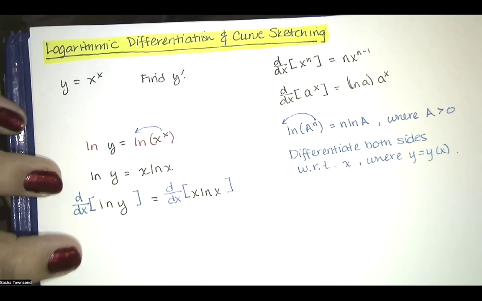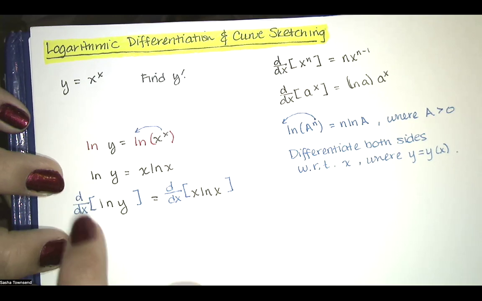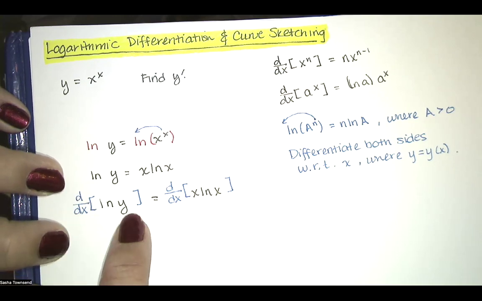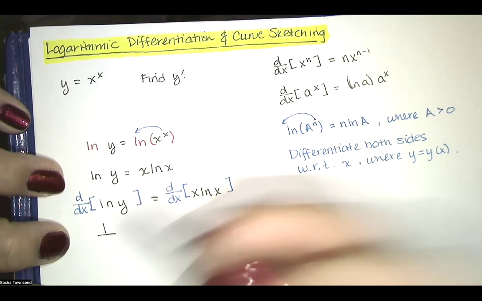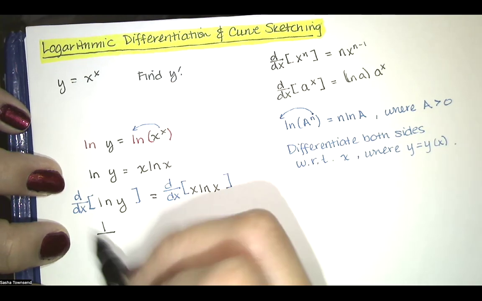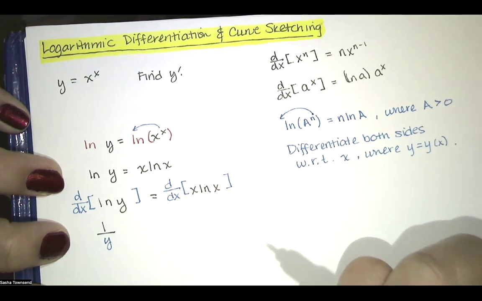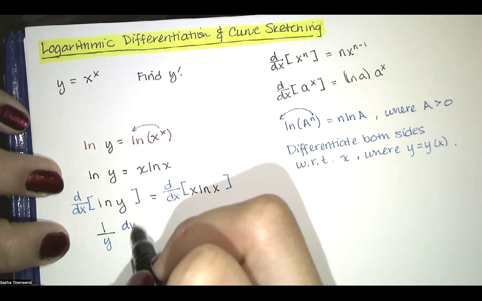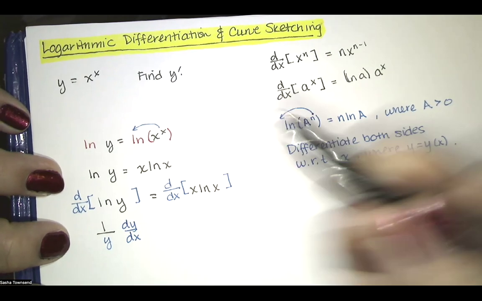And that's relatively easy to do. You have the derivative with respect to x of natural log of some function. You get 1 divided by that function times the derivative of the inside by the chain rule. The derivative of the inside is dy dx.